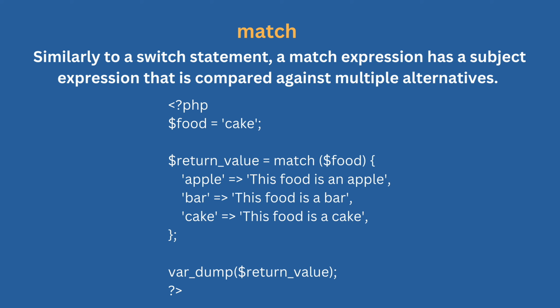Now there is another construct which is match, and when you look at actual frameworks like Laravel or others, you see lots of use of it. So what is the use of it? Similarly to the switch statement, a match expression has a subject expression that is compared against multiple alternatives.